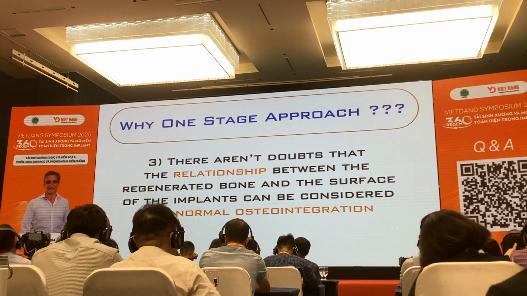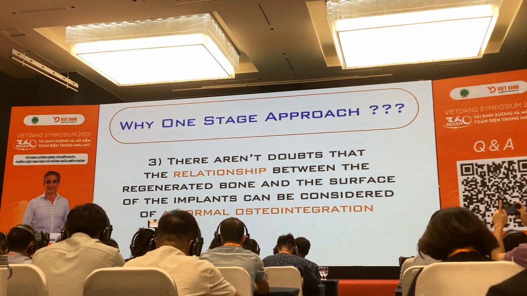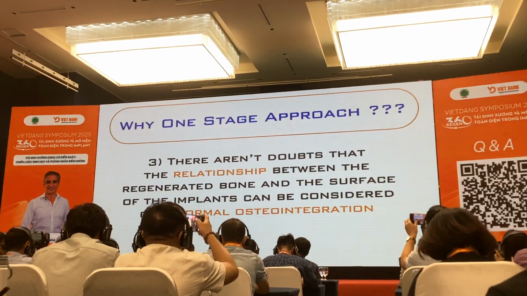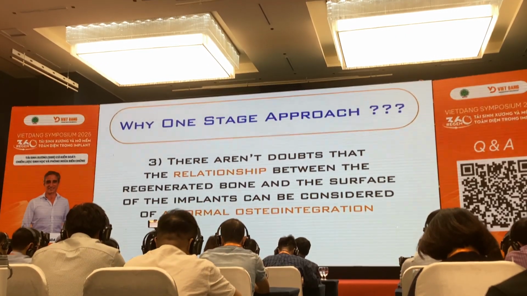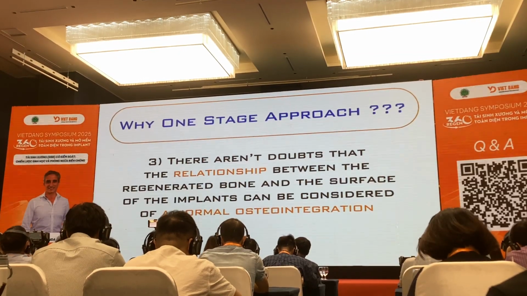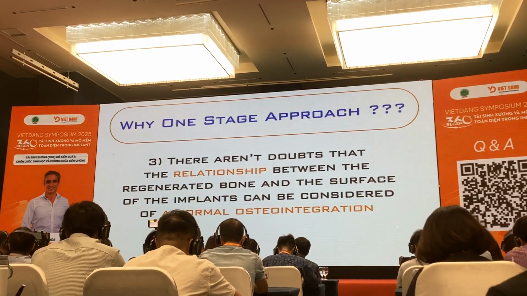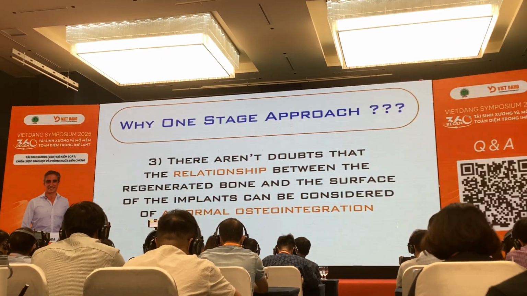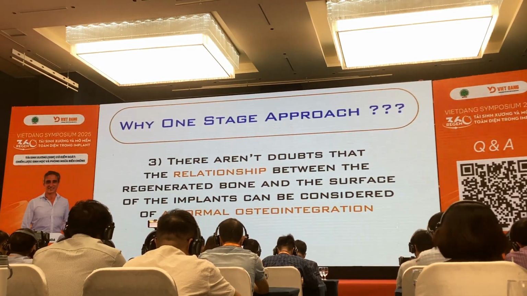Because some authors in the literature tried to say that when you place an implant that sticks out from the bone, the regeneration of the bone around the implants is real, but the relationship with the implant is not a proper osseointegration.